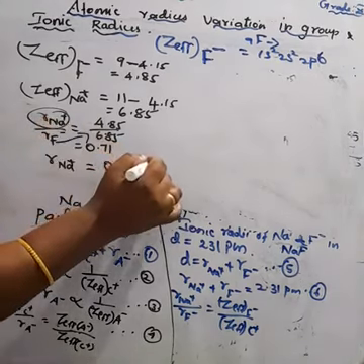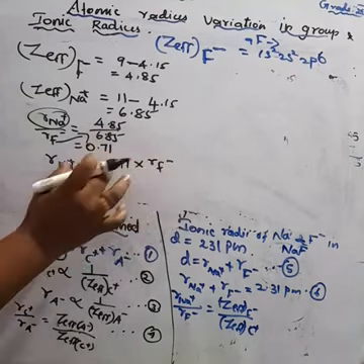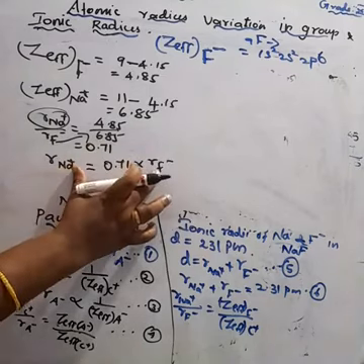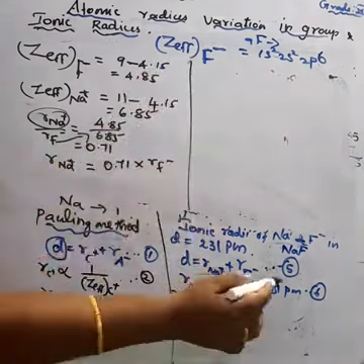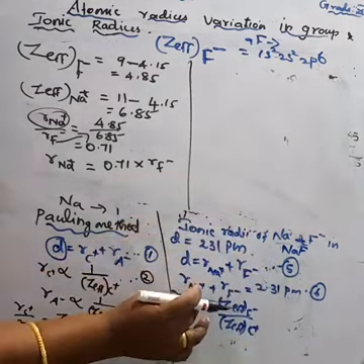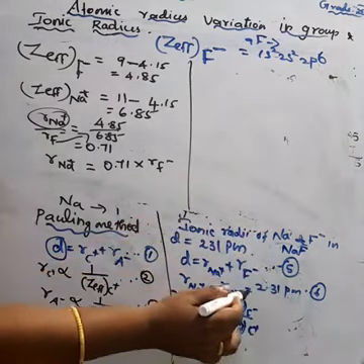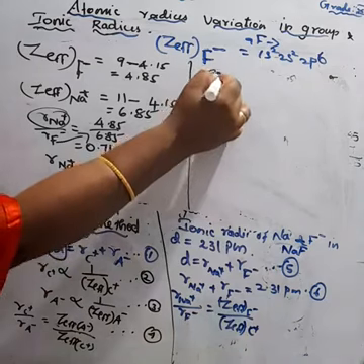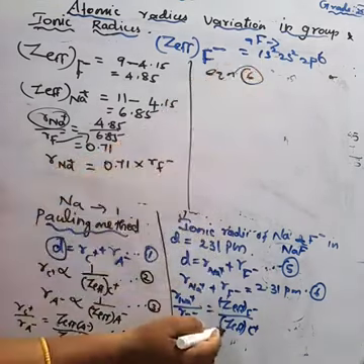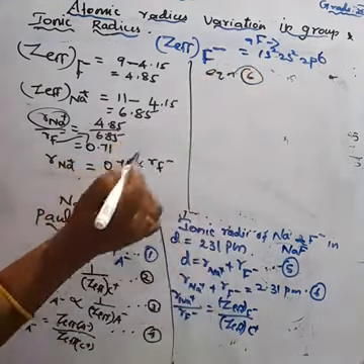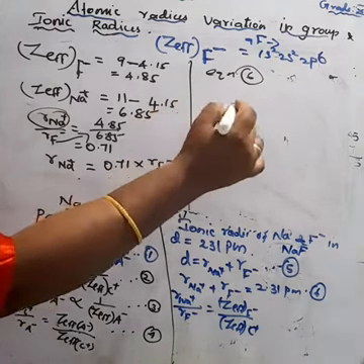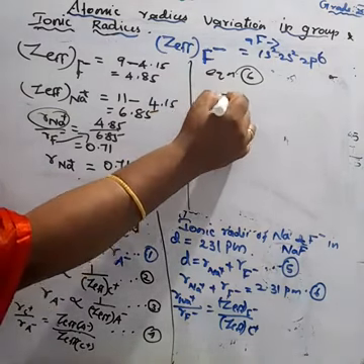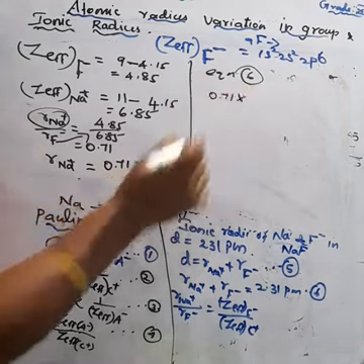Substituting the value of R Na+ in equation number 6, which says R Na+ plus R F- is equal to 231 pm, we get 0.71 R F- plus R F- is equal to 231 pm.